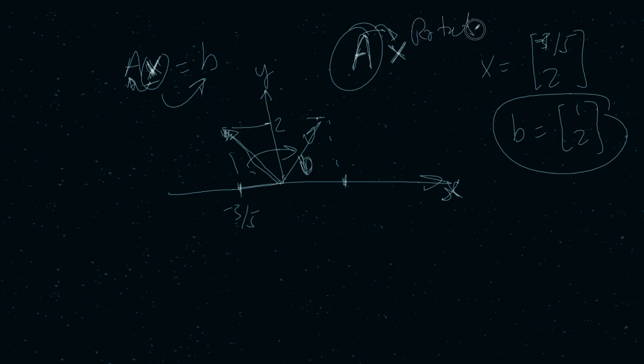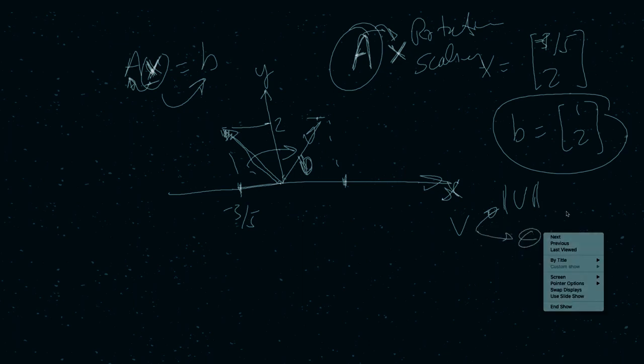Rotation and scaling. It means that we change the phase and we change the scale or the length, because in general vectors, as we said, consist of two things: magnitude, which is the length, and phase theta, which is the angle.